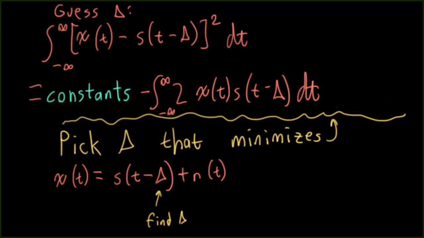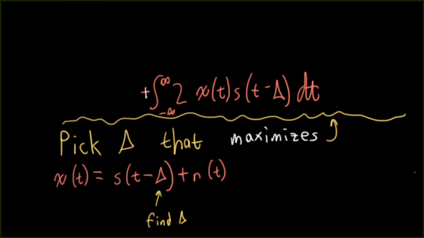To match up with some traditional things, I'm going to change this minus to a plus. Now instead of picking a delta that minimizes a particular expression, we're really looking for something that maximizes that expression, because I flipped the sign around. At this point, I'll make all of that other junk go away. And if I'm maximizing this quantity, I don't really need the 2 here. Whatever delta maximizes it is still going to be the same thing.